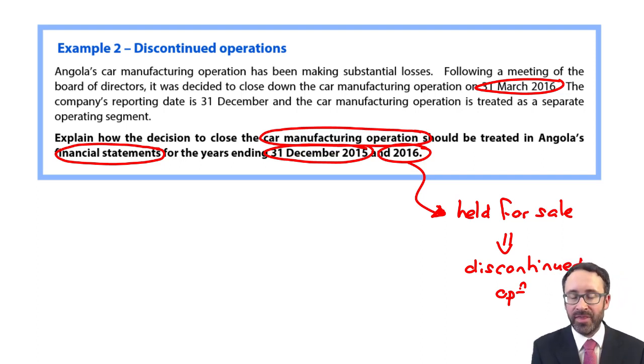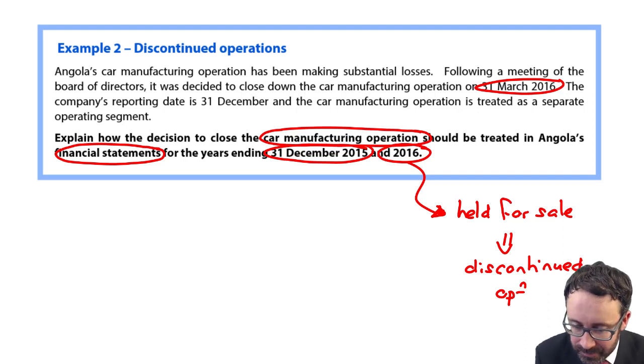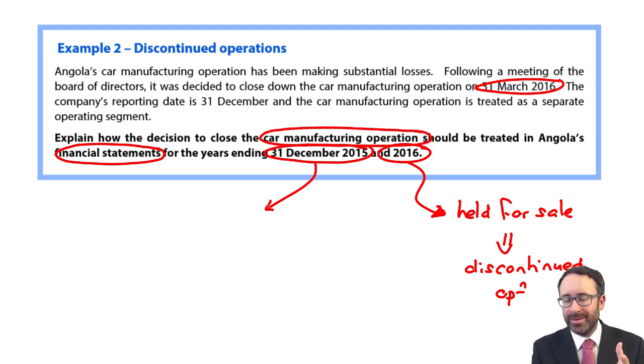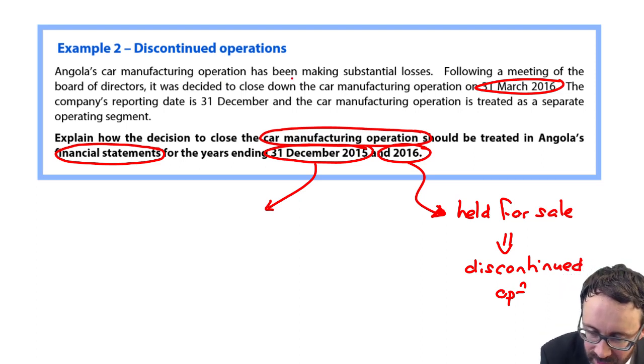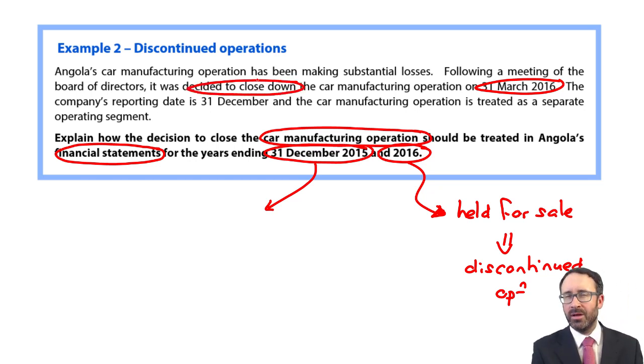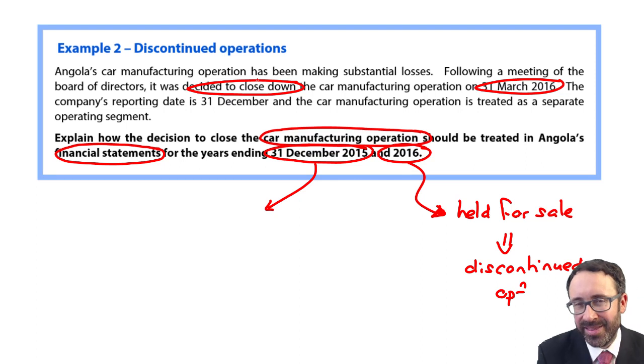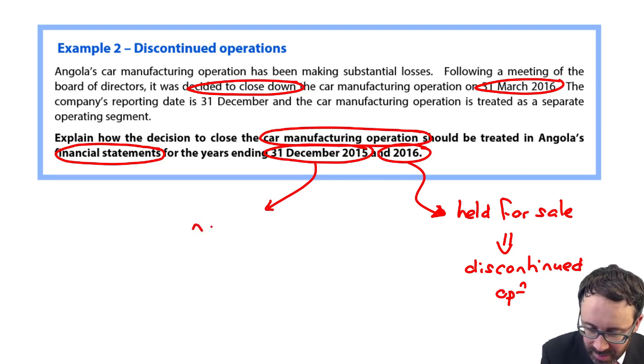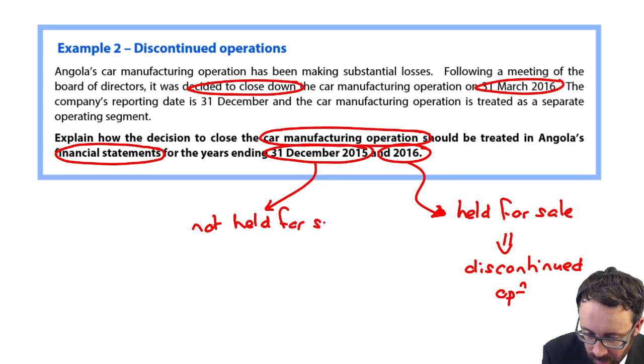If you go through there and think about 2015, well, you think, yeah, we've made the decision. Yes, you decided to close down the manufacturing operation. But what's happening between now in 2015 and March 2016? The business is still operating, isn't it? So it is not held for sale.